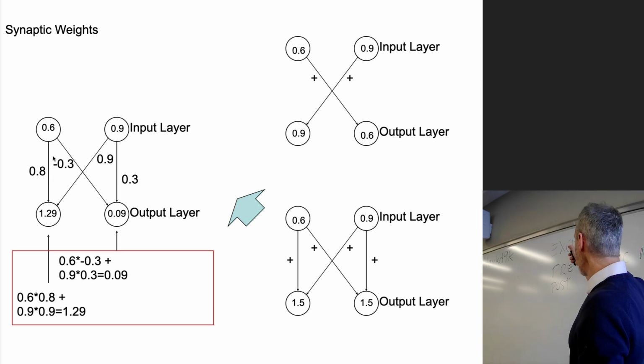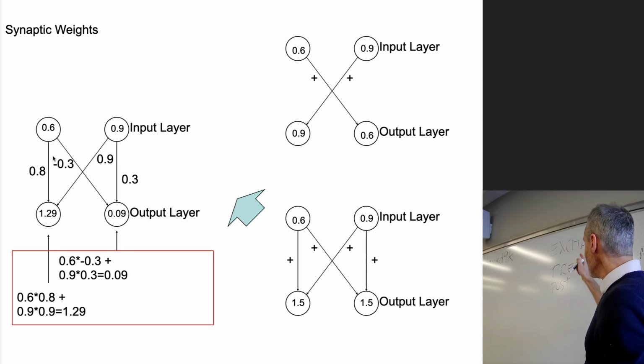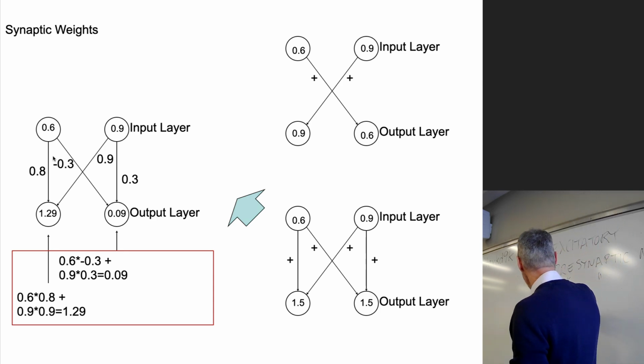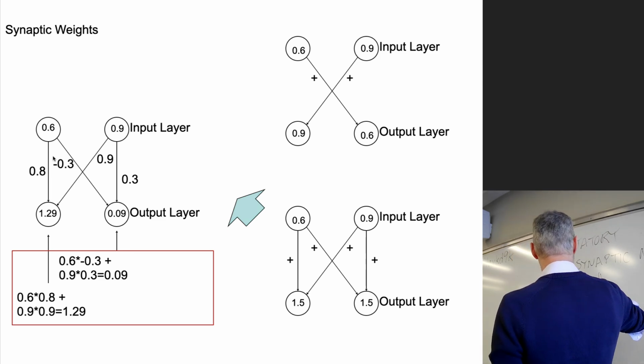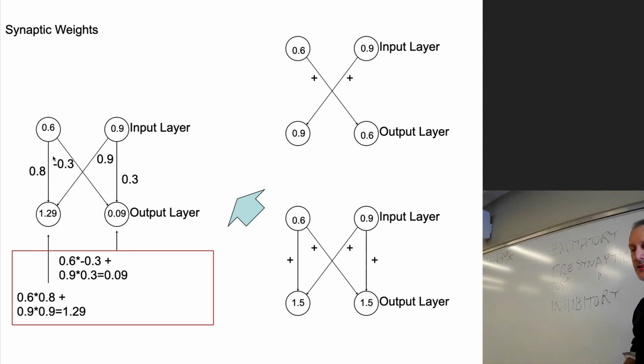Positive values are excitatory. Negative values indicate inhibitory synapses. With a negative weight, or any weight, we take the value of the presynaptic neuron and we multiply it by the weight of the synapse.